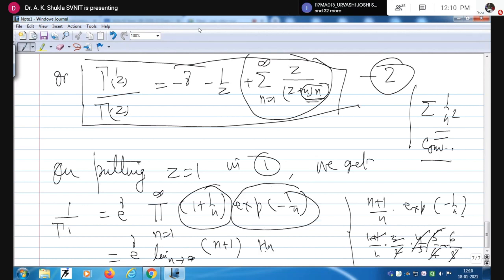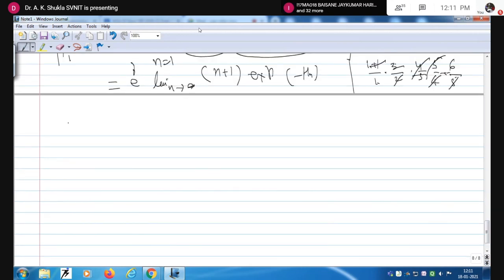So the exponential of Hn, and this is the exponential of minus Hn, minus n.